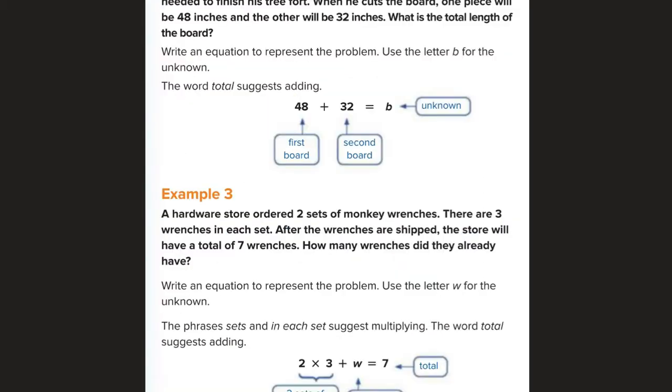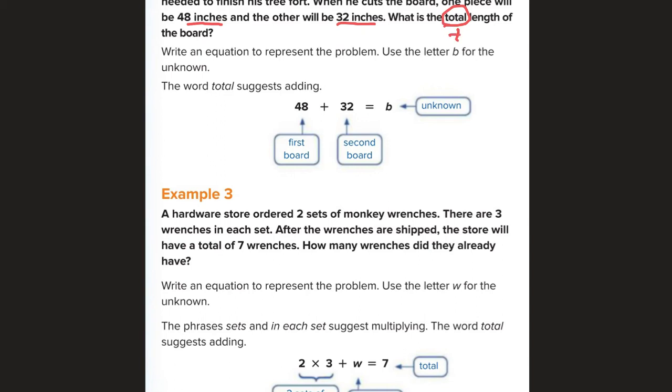Example 2 here says, Hayden used his measure tape to find the total, that was on our other page, means adding, length of a board needed to finish his tree fort. When he cuts the board, one piece will be 48 inches and the other will be 32 inches. What is the total length of the board?